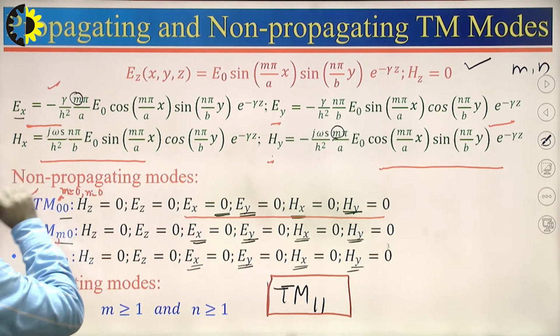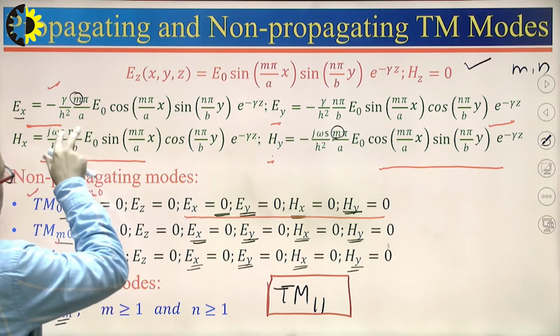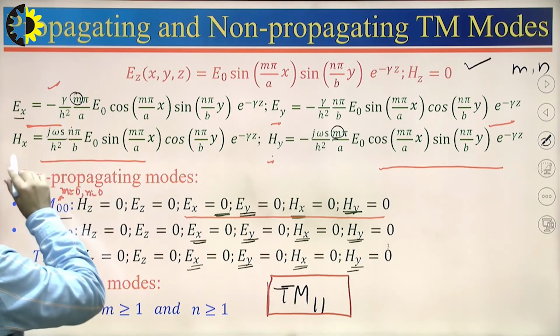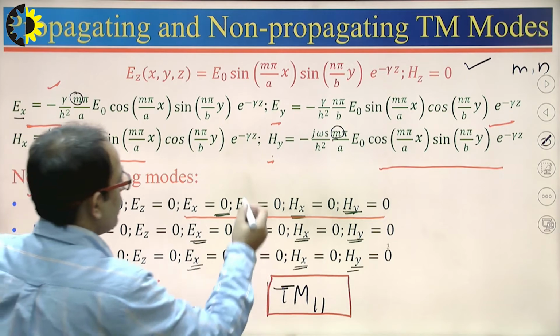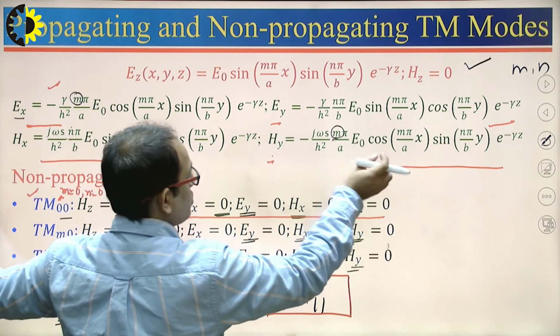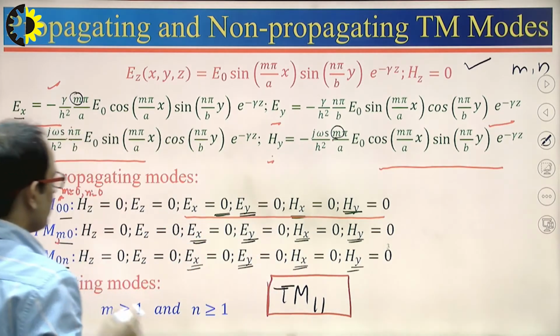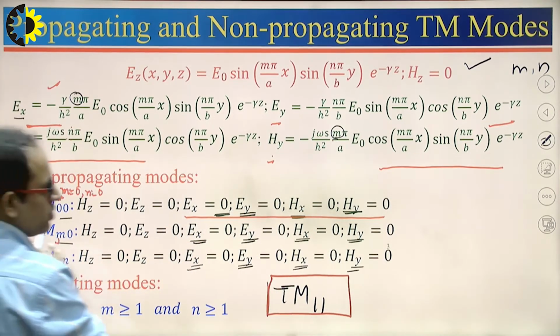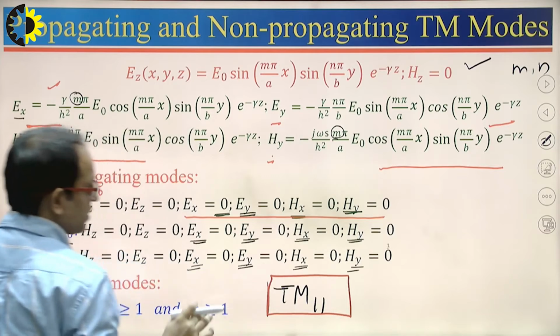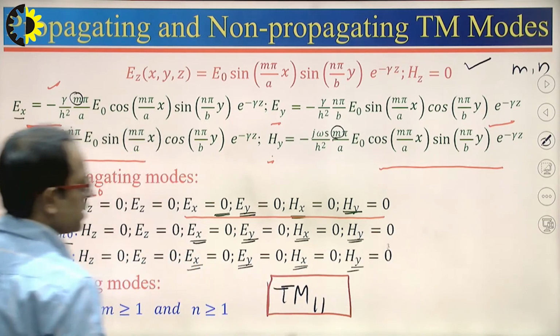In Hx, put n equal to 0, Hx comes out to be 0, and for Hy also, put this value, the whole comes out to be 0. So therefore, in this also, the whole field components will be 0.